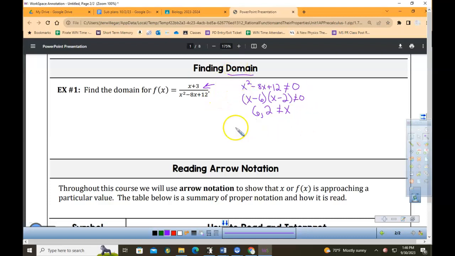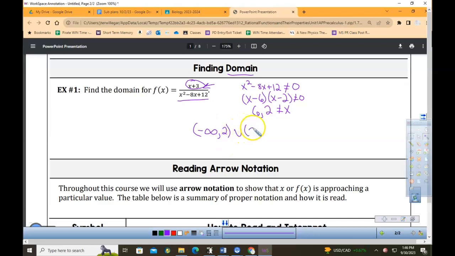So, our domain. What if the top's non-restrictive? There's nothing I can't plug into the top, but this bottom can't be 2 or 6. So when I think about this, I start at negative infinity and go to 2. Now at 2, I can't be equal to 2, or else I'll break the math.